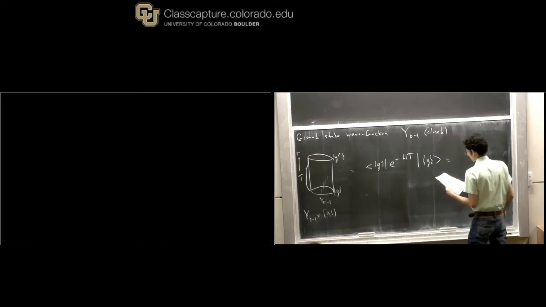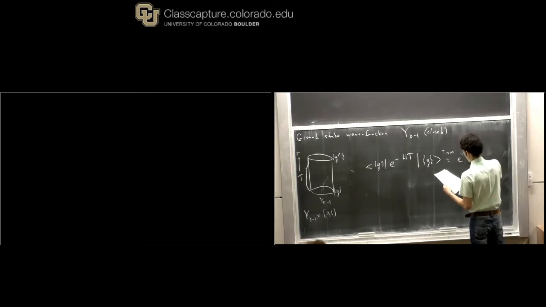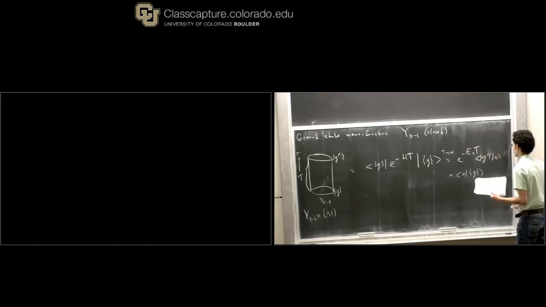And using the spectral decomposition, when t goes to infinity, assuming I have a gap phase, this will just be G prime 0 times 0 G, where 0 is the ground state.